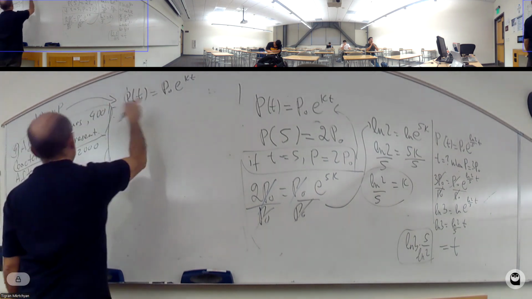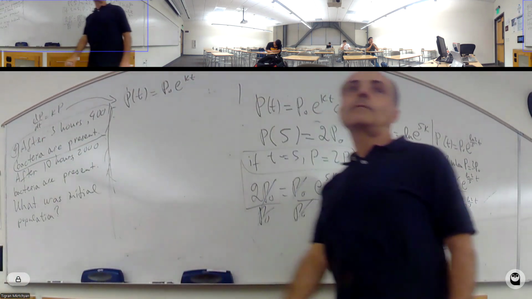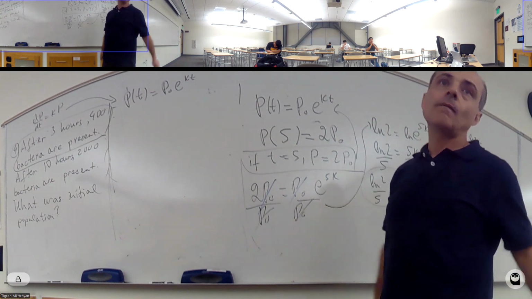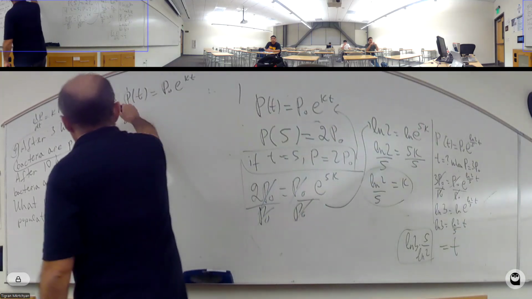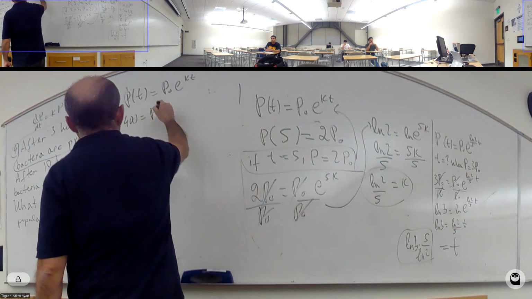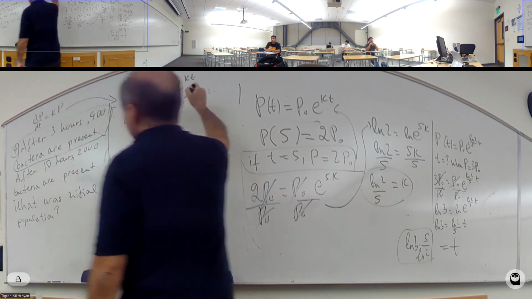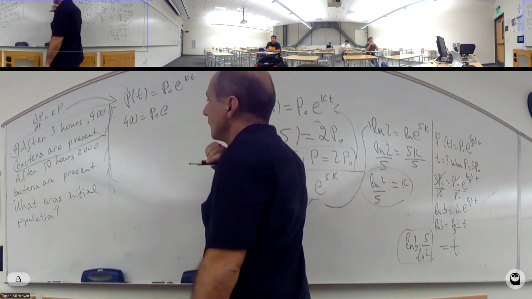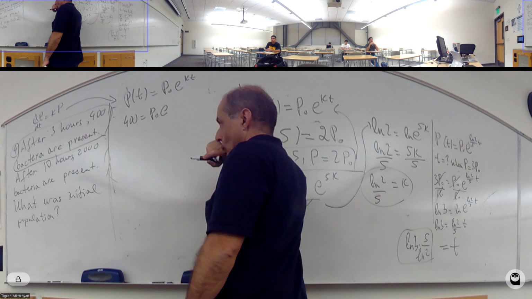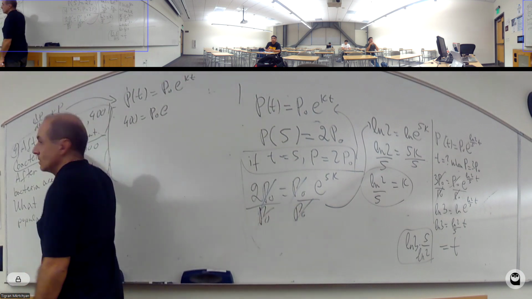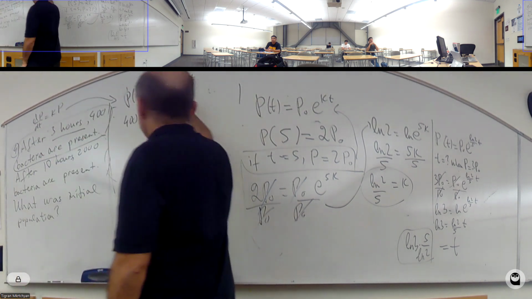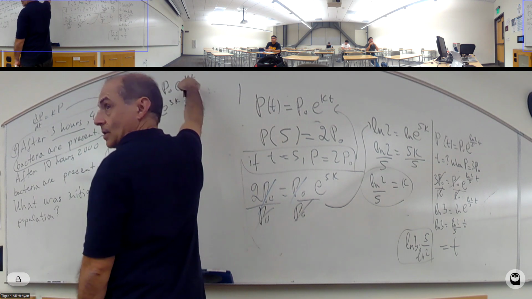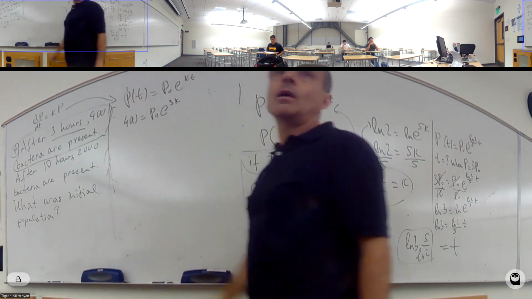I plug in the first sentence there. What do I write? 400 is equal to P0 e to the 3k. The 3 is your T, right? So T is 3.